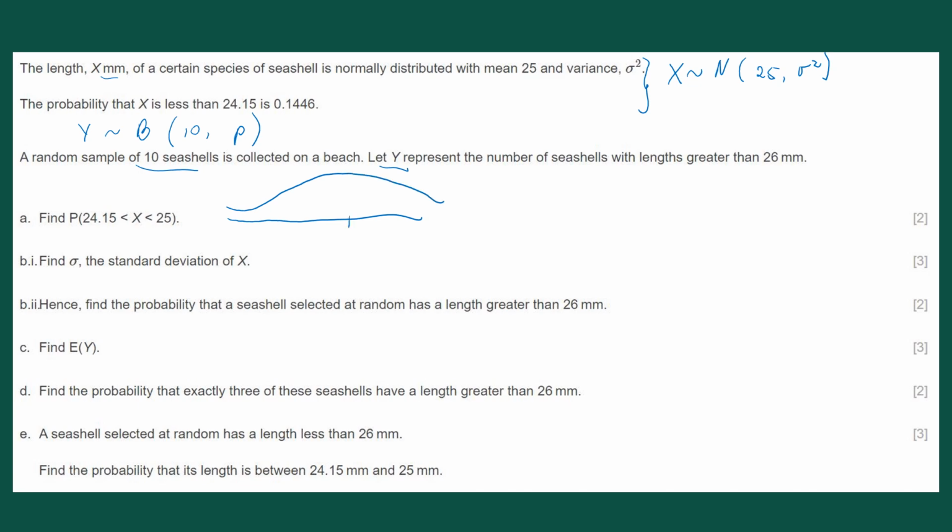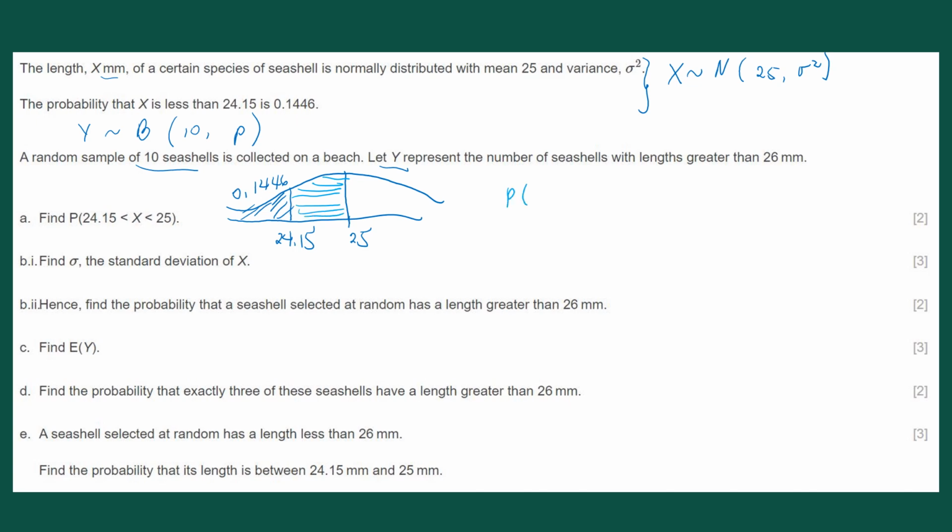So we have here our 25, and then here is 24.15, and it says that the probability that x is less than 24.15 is 0.1446. Okay, for this we need to find this point, probability that is less than. So we're looking for this area.